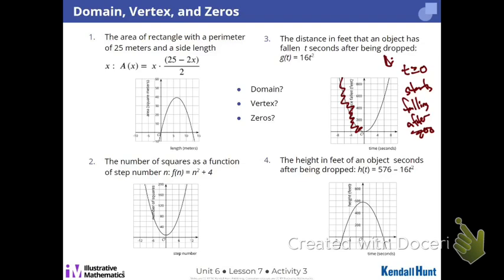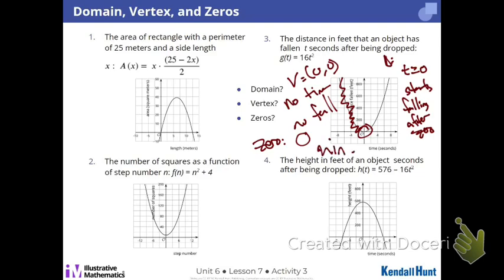The vertex. It's right here. It's the minimum, 0, 0. And what that means is no time, no fall. Okay. And it's got a zero at 0. Same idea. No time, no fall. That's our vertex. Maximum or minimum? Minimum. It's at the bottom of our parabola.